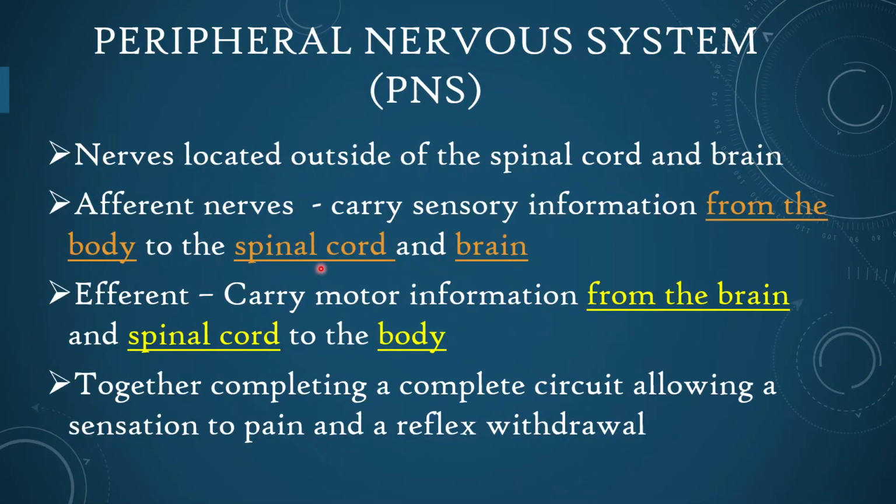So when I hit your knee with that reflex hammer, it goes up the afferent, and a message comes back down through the efferent from the brain to the spinal cord to the body, right? So we can test both of those afferent and efferent pathways just by simply using a reflex hammer and tapping on your knee. Pretty neat.